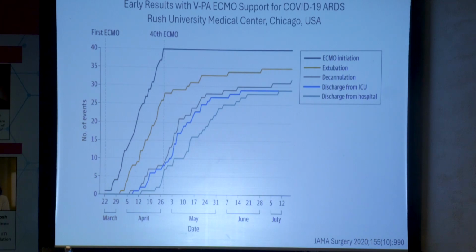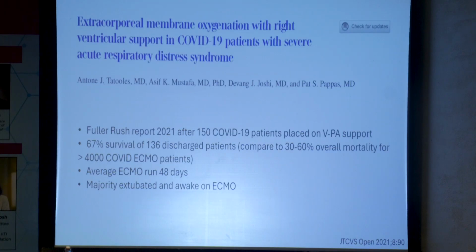They also had a protocol of rapidly getting these patients awake and off the ventilator, mobilized once they had VPA support. They published a larger report in 2021 after 150 patients. That initial really high survival was still good, but not as high as it had been: 67% survival of 136 patients.